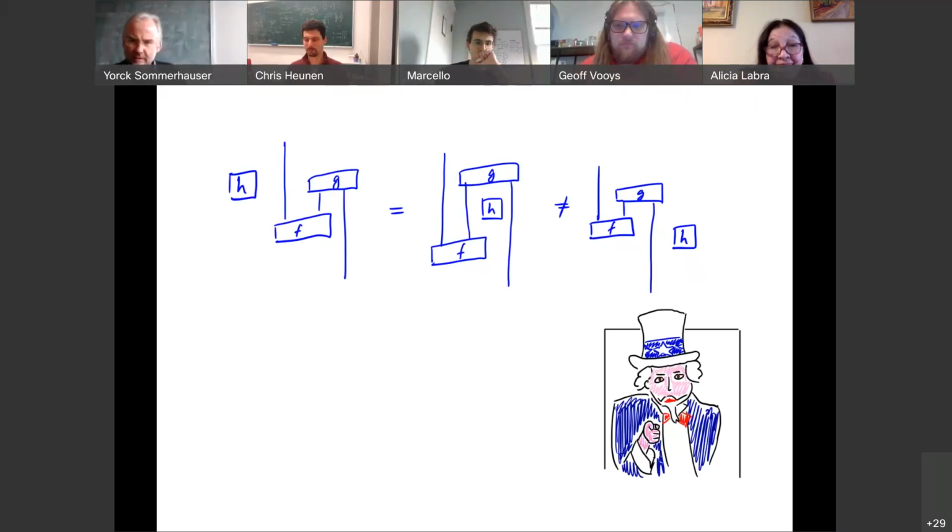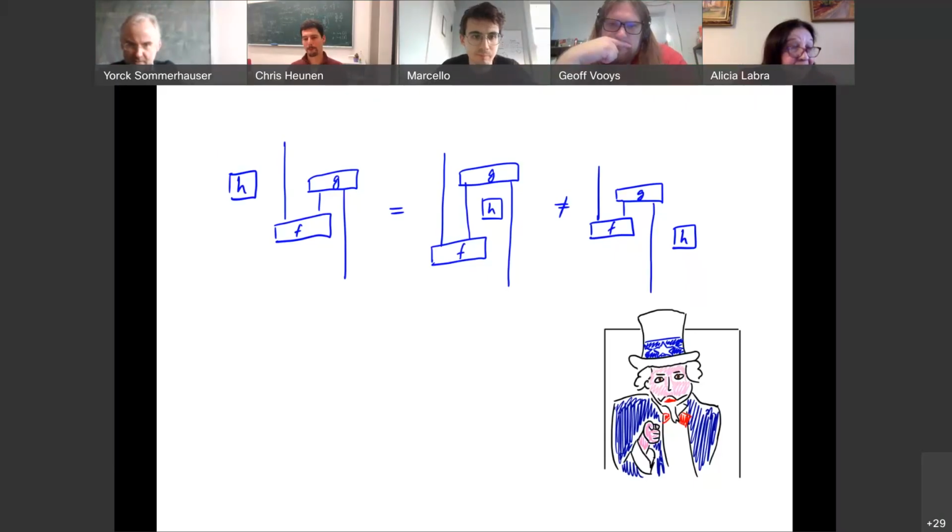I think, Chris, if I'm not mistaken, a bimodule category could be used to give a counterexample to that inequality that does not hold in this picture, right? That could well be. I haven't tried that before, but it could well be true.